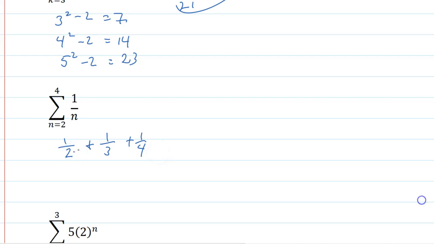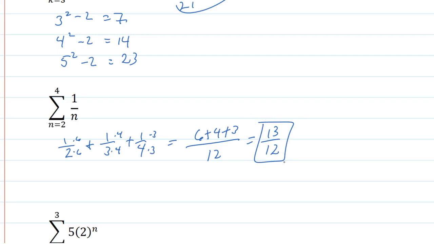I multiply this by 6, multiply this by 4, and I multiply that by 3. That gives me a common denominator of 12. 6 plus 4 plus 3 is equal to 13 over 12. Remember, whenever you have a fraction, always see if you can reduce. This is not reducible, so we are finished.